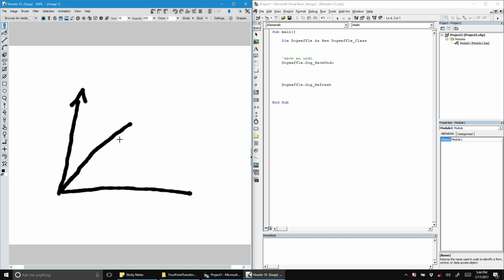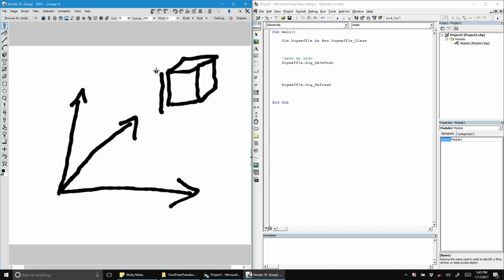So Y is up, X is in this direction, and then Z is kind of inwards, like a cube drawn in three dimensions. This is the Y, this is the X, and this is the Z.